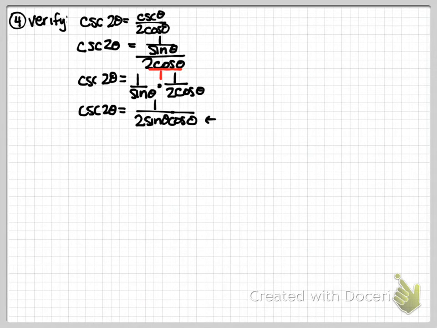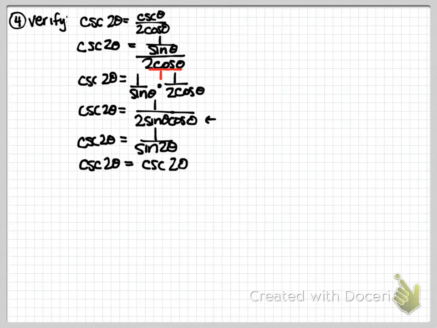Well, right there, that's our double angle for sine. So our cosecant of 2 theta is equal to 1 over the sine of 2 theta, and then flip it over to make it a cosecant. And there's our proof. Alright, let's go on to the last one for today.